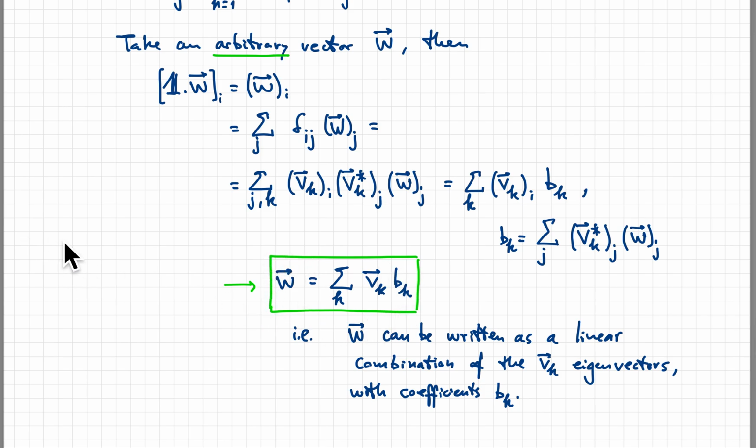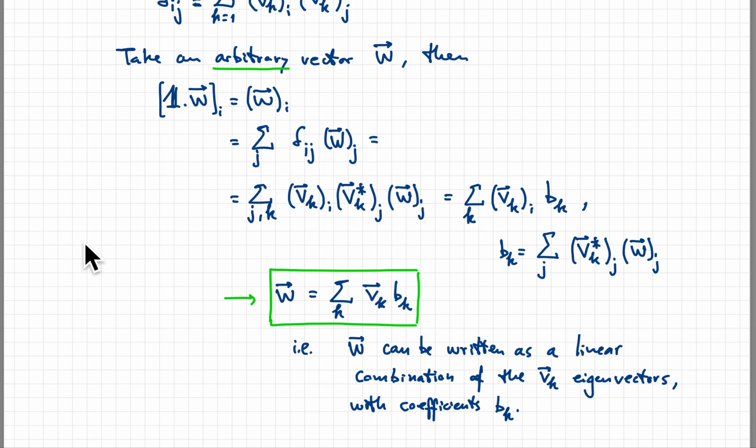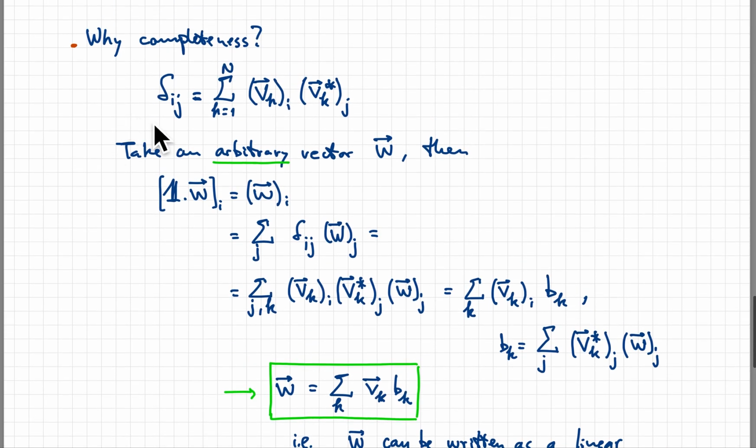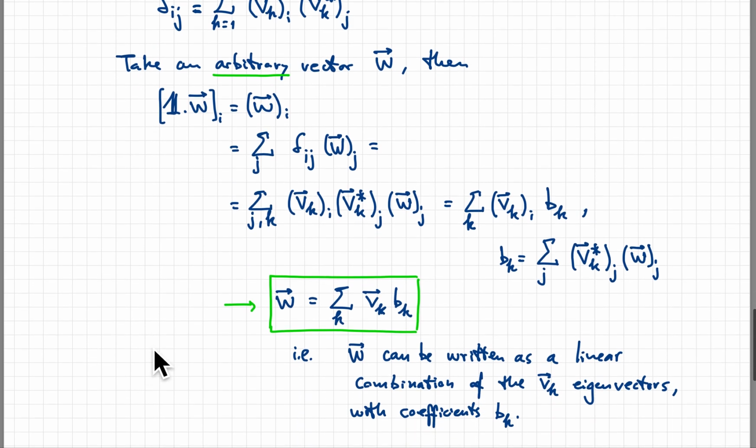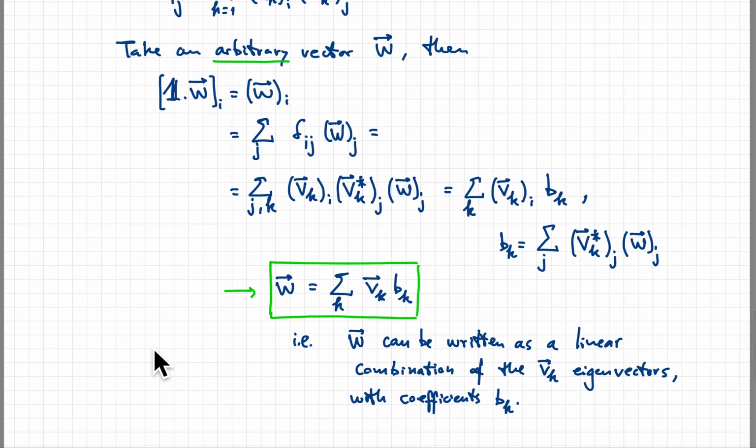We knew that our vectors vk are not only linearly independent with each other, but they're also orthonormal, and we also knew that they're bases. So the fact that they're bases is really reflected here in this property, meaning that they are complete. They form a complete set, and not only that, the fact that they're also orthonormal tells us that the coefficients bk can be calculated in this way.